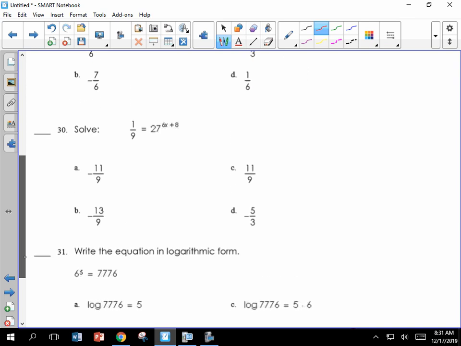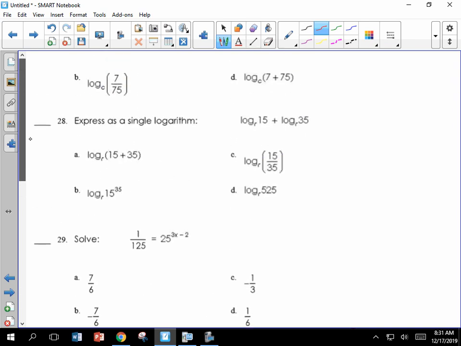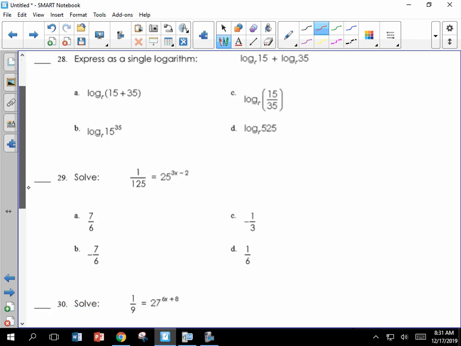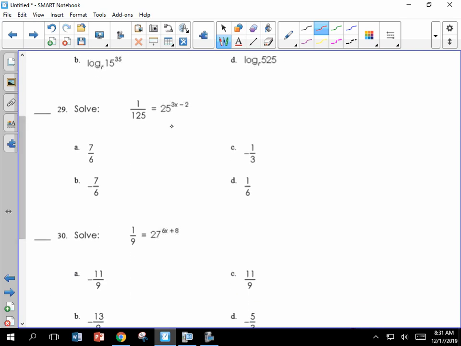29 and 30, we're solving. This is an exponential equation.